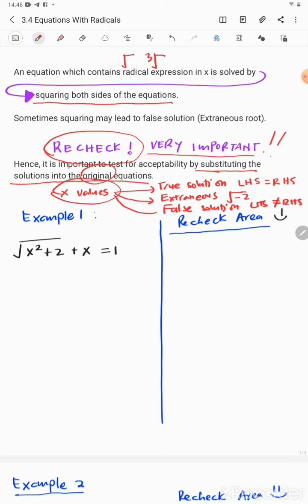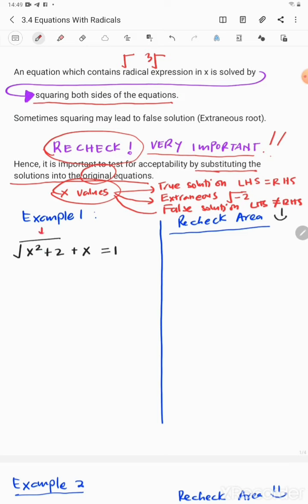Now we proceed to example 1. We have the square root of x square plus 2, plus x, equal to 1. How do we solve this? Easy.